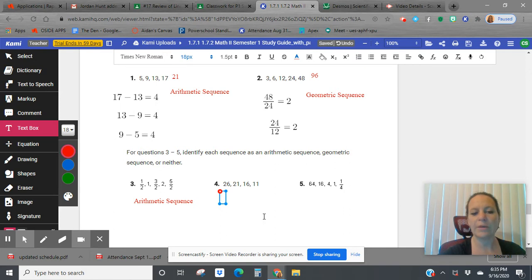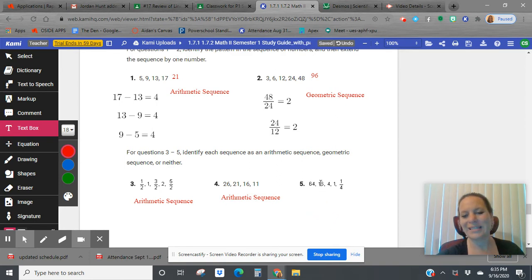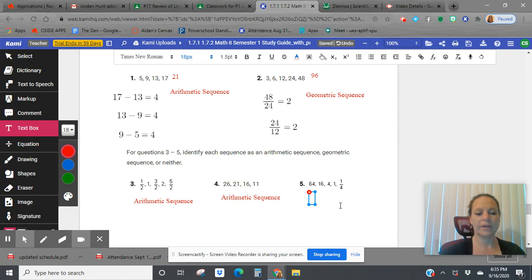This one's going down by 5 each time, so it's an arithmetic sequence. 64 to 16, 16 to 4, 4 to 1, and 1 to 1/4. This is a geometric sequence because it's dividing by 4 each time, or it has a multiplier of 1/4.